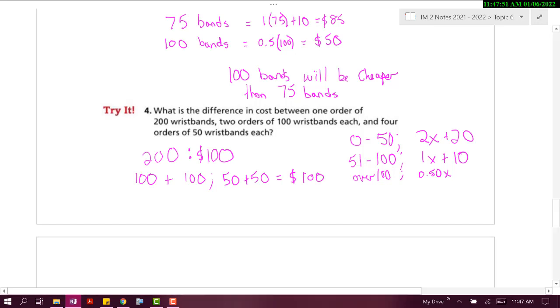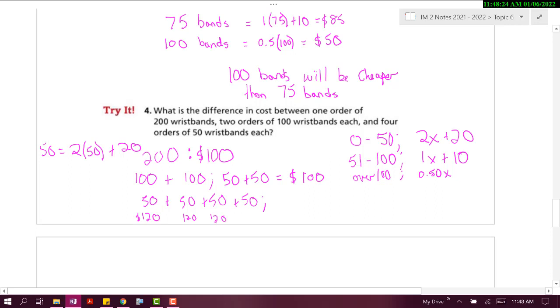Now, what about 4 orders of the 50 wristbands? So 50 plus 50 plus 50 plus 50. So if we order 50 wristbands, it would be $2 for each one times the 50 plus 20. So that's $120. And that's just for 50.